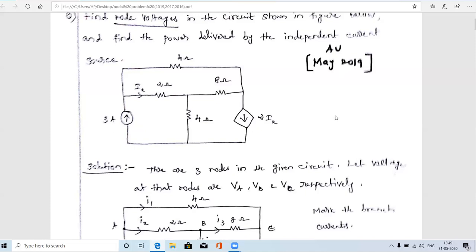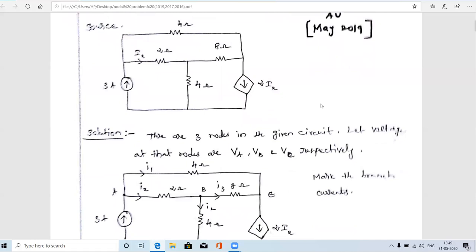So what is meant by nodal analysis method? In nodal analysis, first we have to identify how many nodes there are. A node is a point where three or more connections meet.